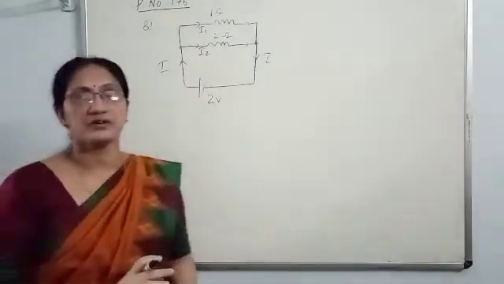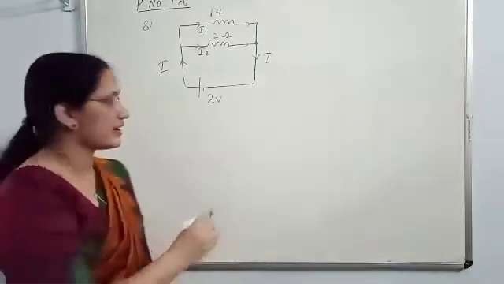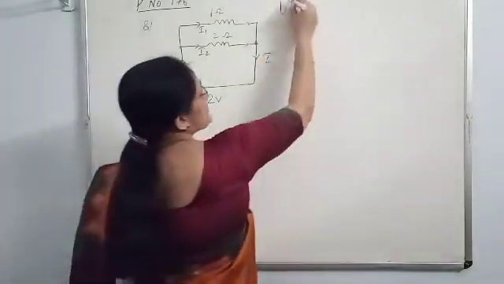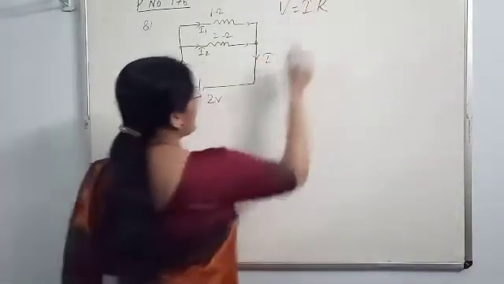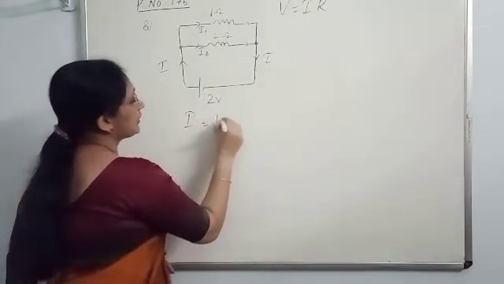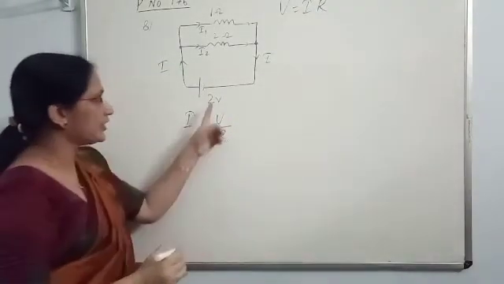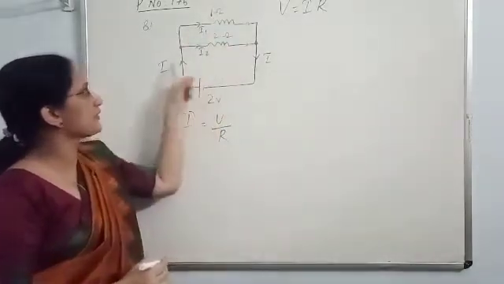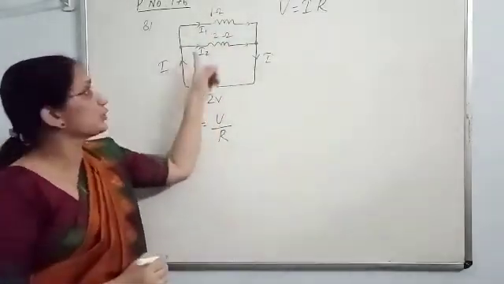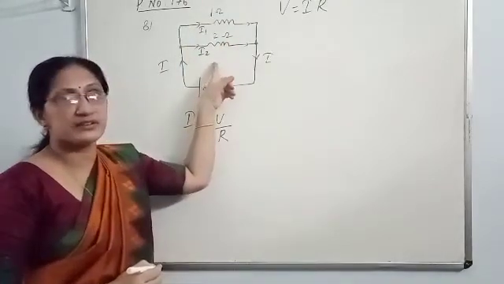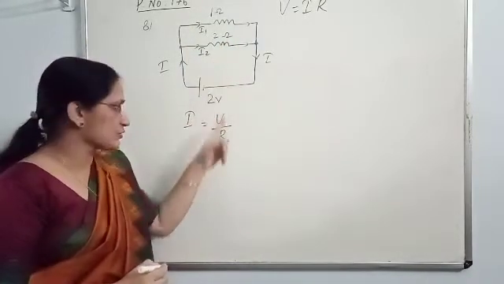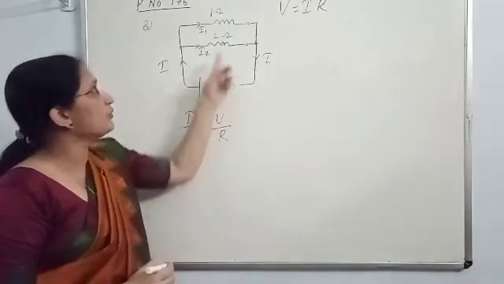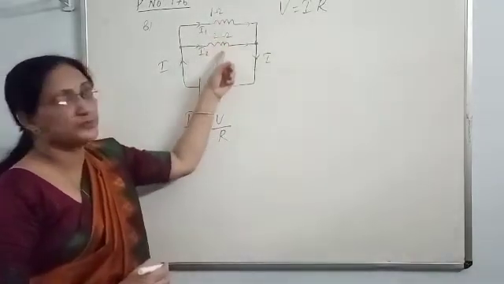How will you find out the main current I? According to Ohm's law, V is equal to I into R. So I is equal to V by R. V is 2 volt. Here R means total resistance, because we are finding out total current. So total resistance is to be considered. How will you find out the total resistance of these two?